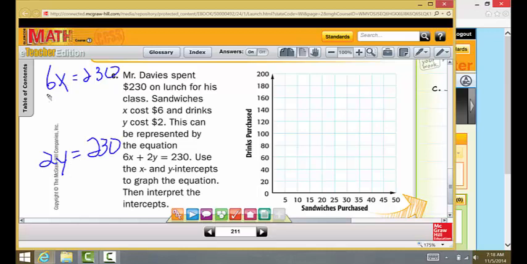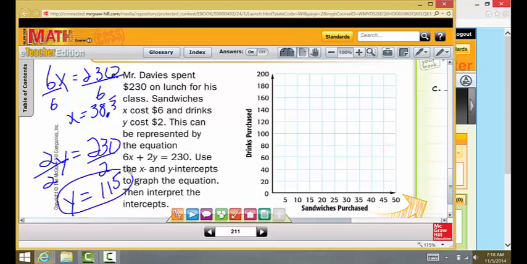So if we divide this one by 6, we get x equals 38 1/3. We're going to put it as 38.3 repeating. In this case, we can divide both sides by 2, and we get y equals 115.